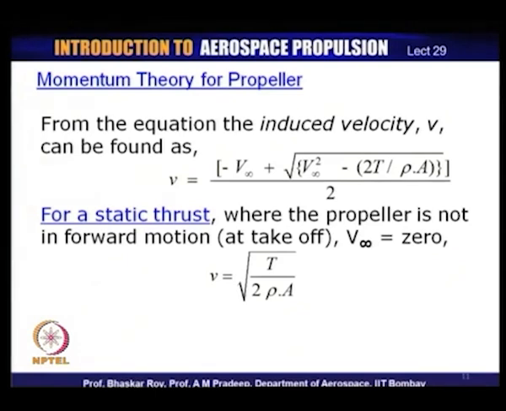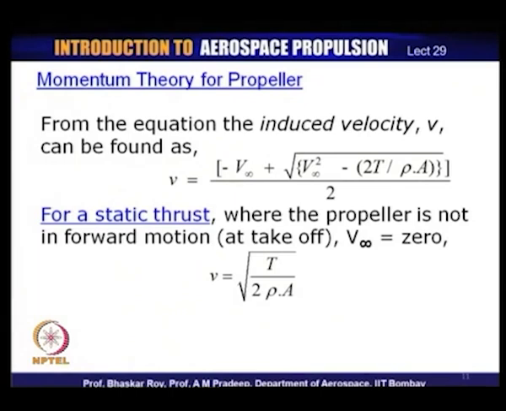Now, if one can estimate this induced velocity with the help of those parameters, if they are available, consider the static thrust where the propeller is not in forward motion, for example, during takeoff, when the aircraft is not moving, the propeller is not moving, and the v infinity at a large distance is 0. That means the flow is being sucked into the propeller from static atmosphere with no movement of the propeller at all.